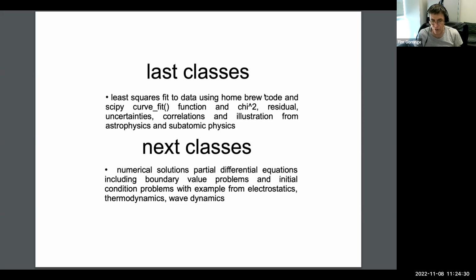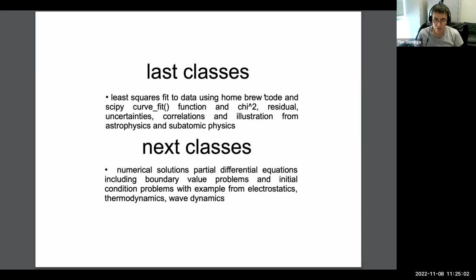When we talk about numerical solutions of partial differential equations, we'll either be considering what we call boundary value problems, where the potential or the solution is specified on the boundary of the problem, or we'll be talking about initial condition problems, where the potential or the function is specified by the initial conditions.